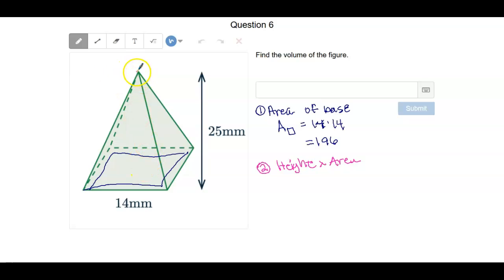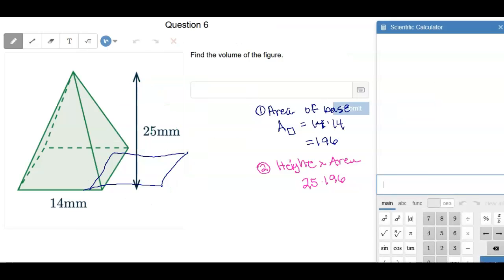Most times you'll see it drawn from the apex all the way down to the center of the base like this. You won't typically see it out here. So we would take 25 times 196, and I'm going to get a calculator for that. 25 times 196, 4,900.